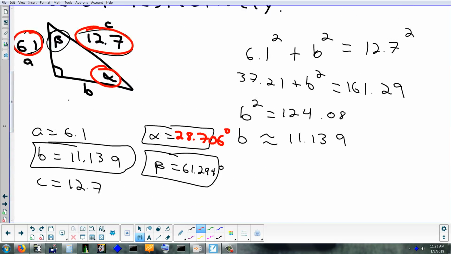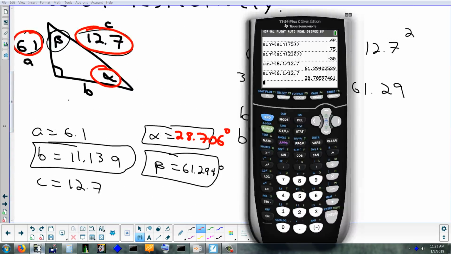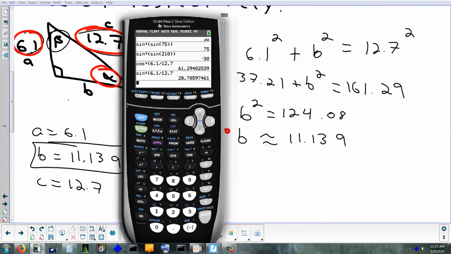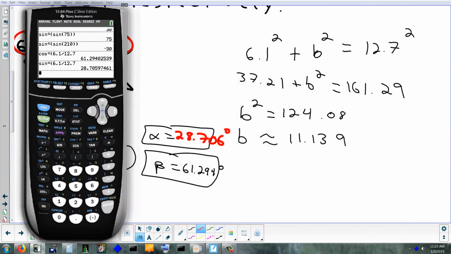And what should alpha and beta always add up to? Should always add up to 90. And we found them totally separate. We didn't use one to find the other. So that's a good way to check. So 28.706 plus 61.294, and this time they do add up to exactly 90. But you might get like 89.999 because of rounding.